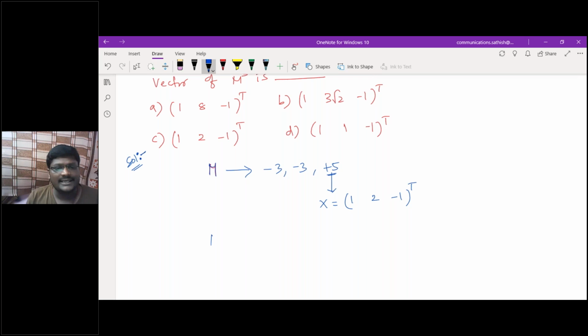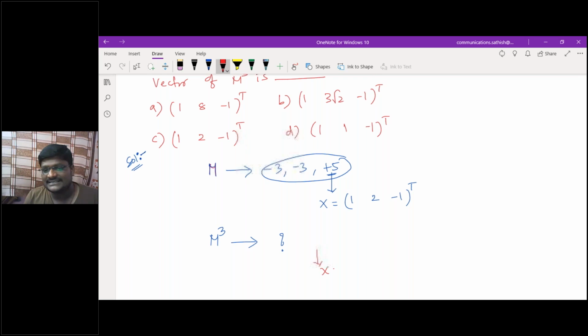And they are asking, what is the eigenvector corresponding to the matrix M power 3? The eigenvalues may change, we don't know them, but what is the condition from your last point? Your X will be the same, it won't change. So option C is the right answer.